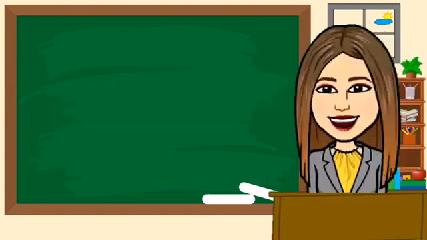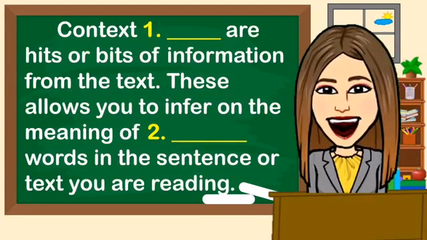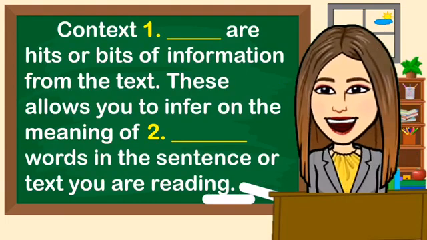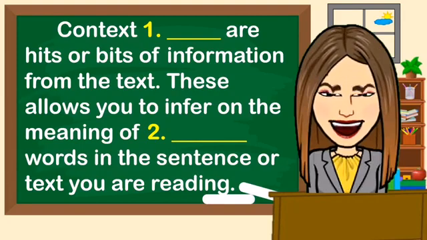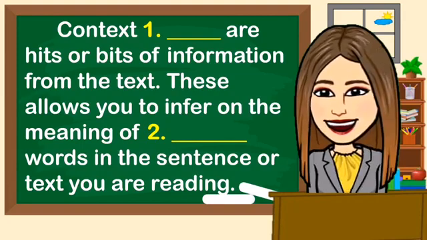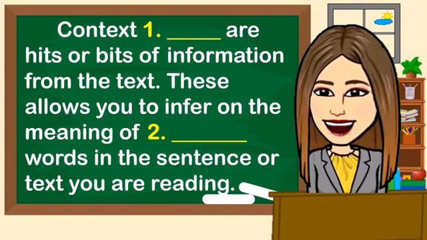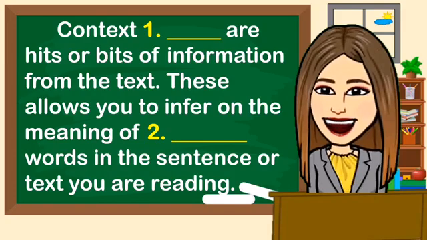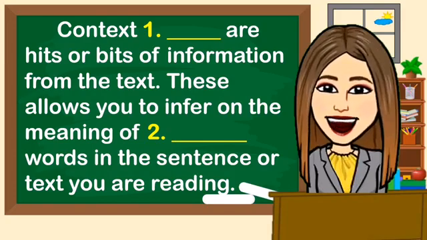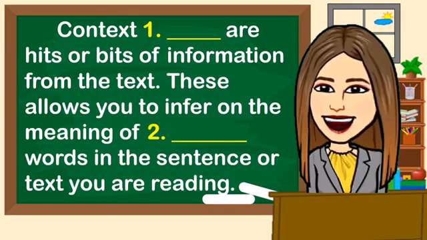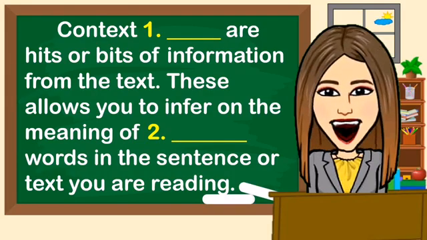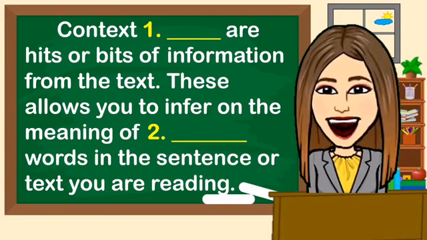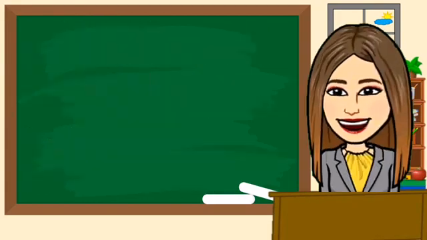Very good! Complete the paragraph by filling in the correct answers. Write your answers only in the comments section after this video. Context blank are hints or bits of information from the text. This allows you to infer on the meaning of blank words in the sentence or text you are reading.